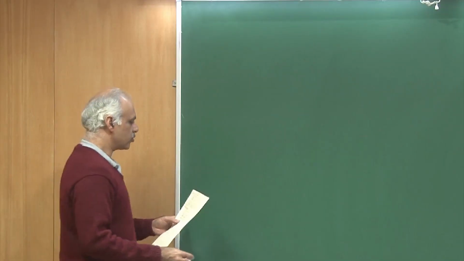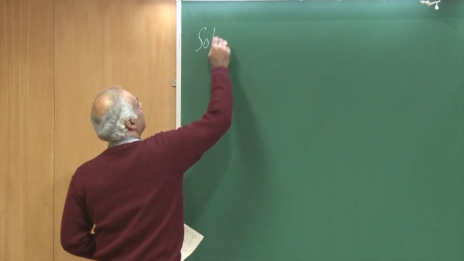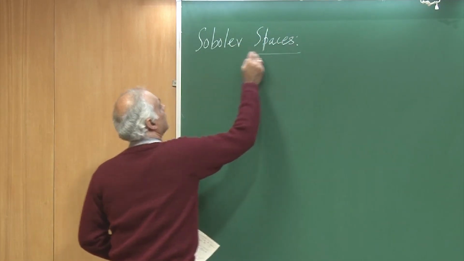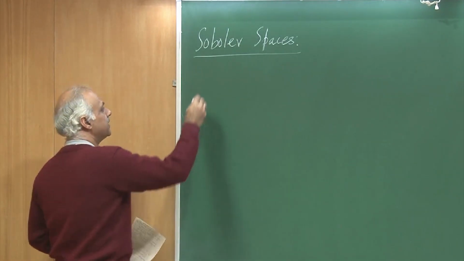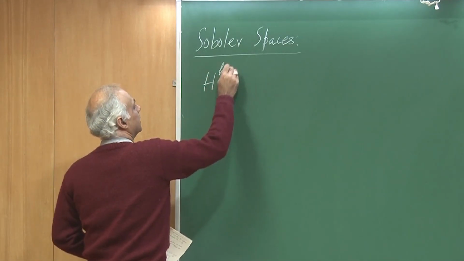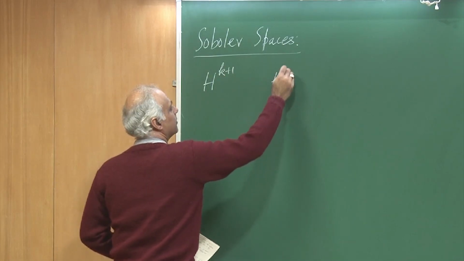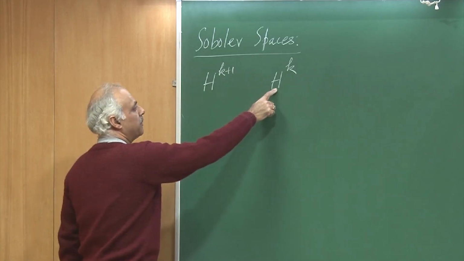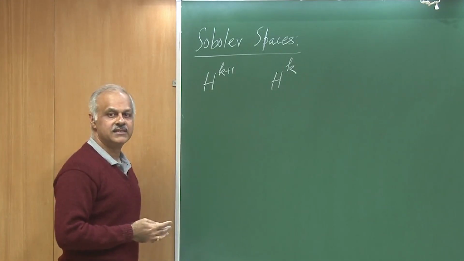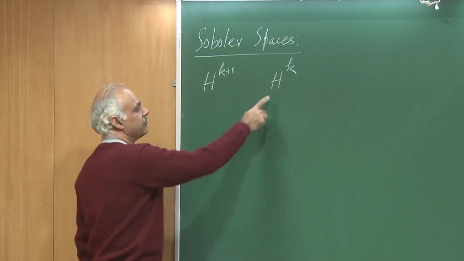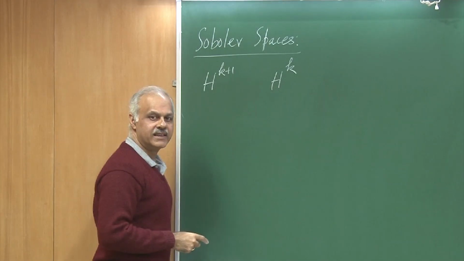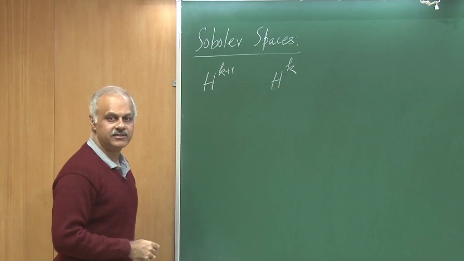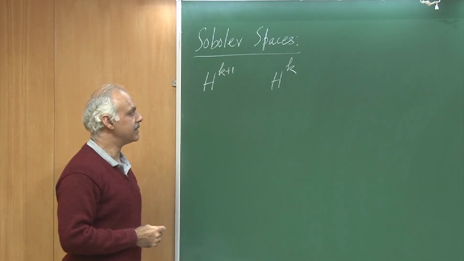Okay, so we have talked about Sobolev spaces. Some more interesting ideas. Suppose I have a space which is H k plus 1 and I have another space which is Hk. The space Hk consists of all those functions whose first derivative is square integrable, the second derivative is square integrable, all the way up to the kth derivative, and of course the function itself is square integrable.